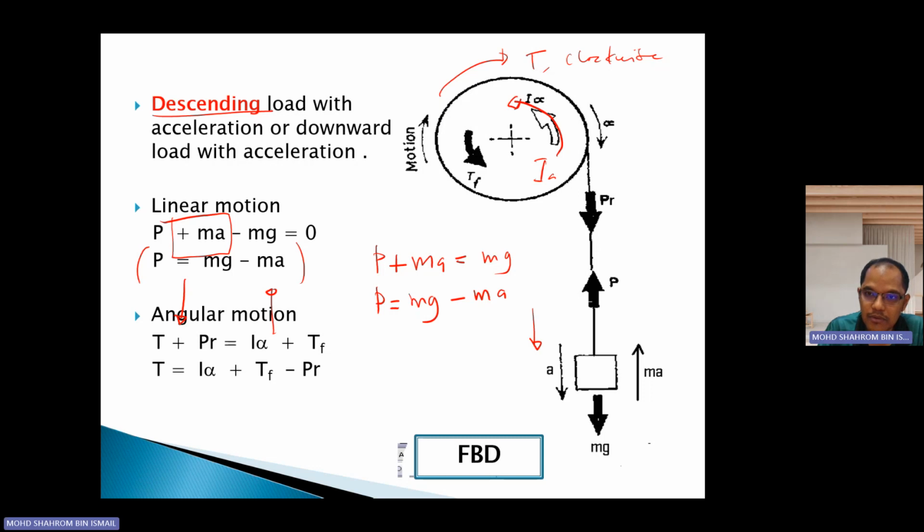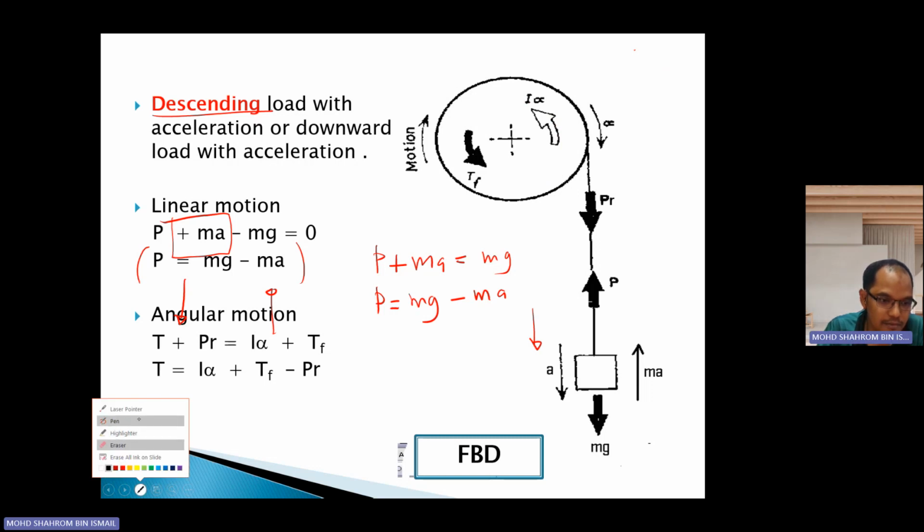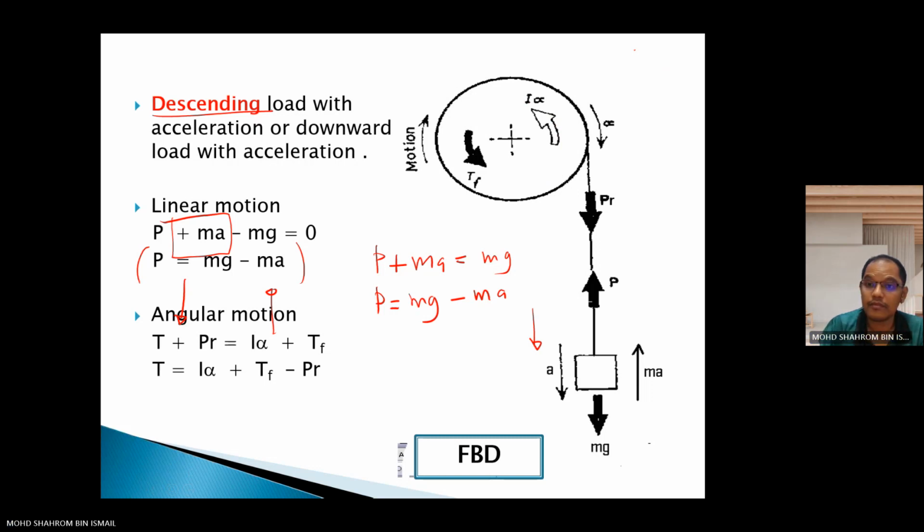If you know how the load is being arranged throughout the process, then you kind of know how it's solved. Let me show you again how this equation is derived. We know that torque is acting anti-clockwise since it descends.